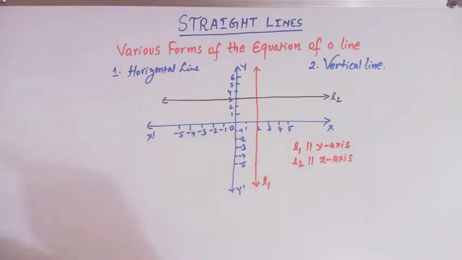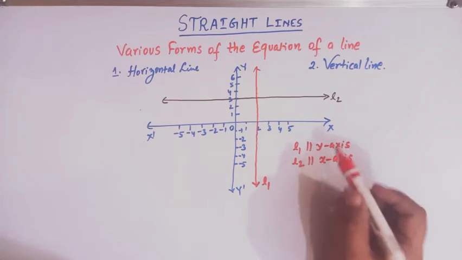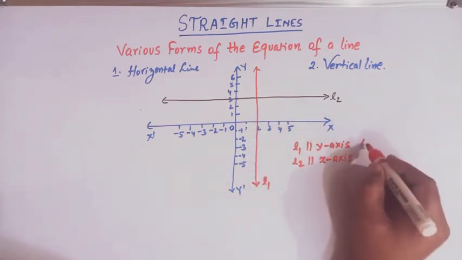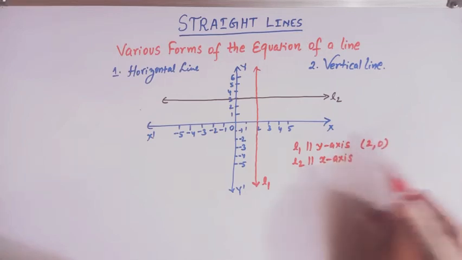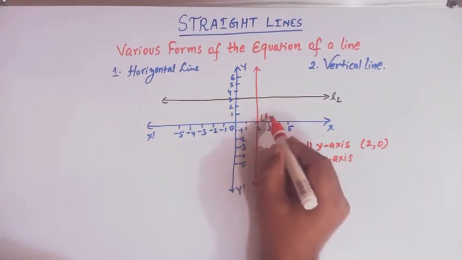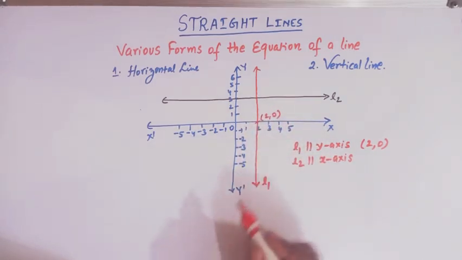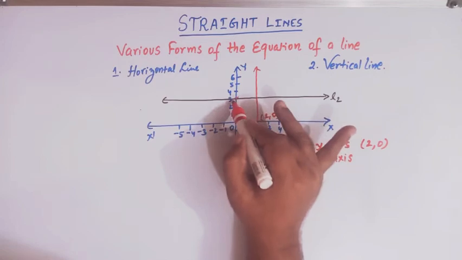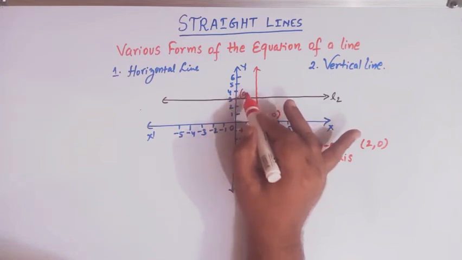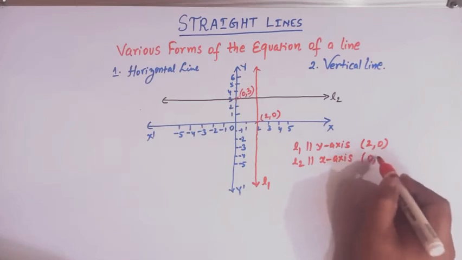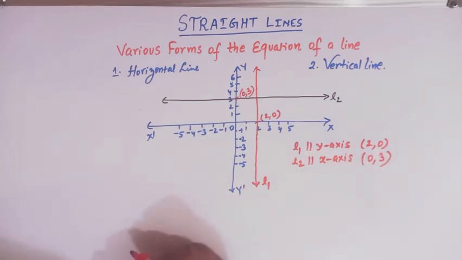Now see, here this line L1 passes through the point 2, 0, right? The coordinates of this point are 2, 0, and this line L2 passes through this point 3, and the coordinates are 0, 3.